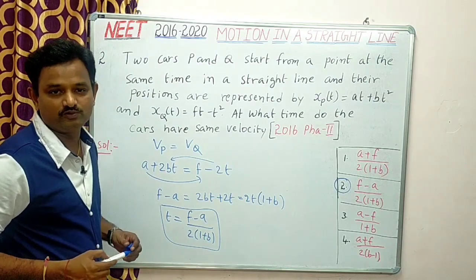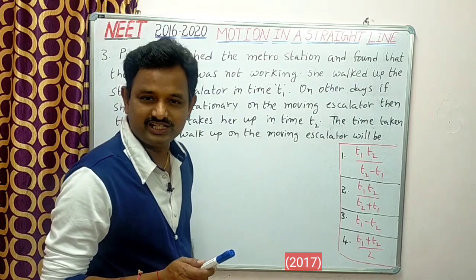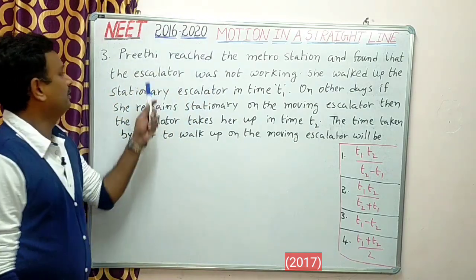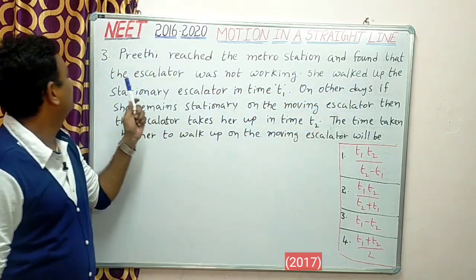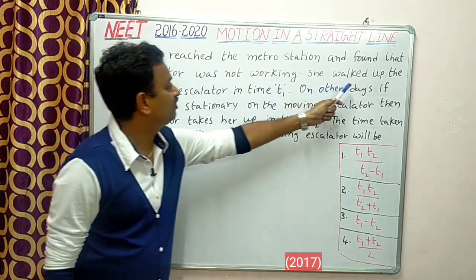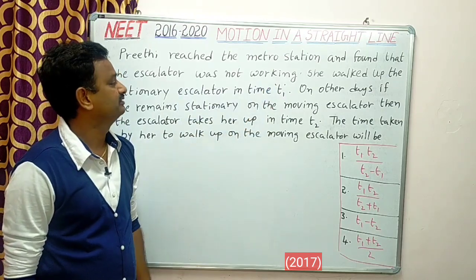Next we will go for 2017. Students, in 2017 we got one MCQ. Look at here. Preeti reached the metro station and found that the escalator was not working. She walked up the stationary escalator in time t1.